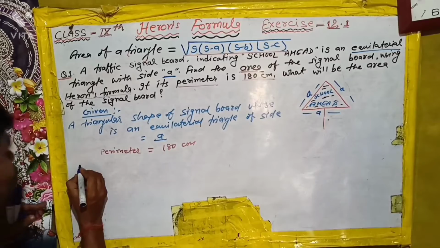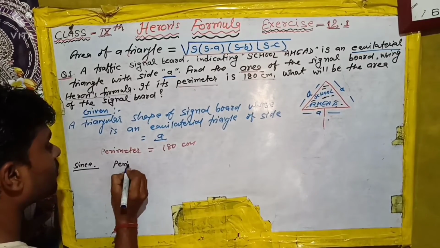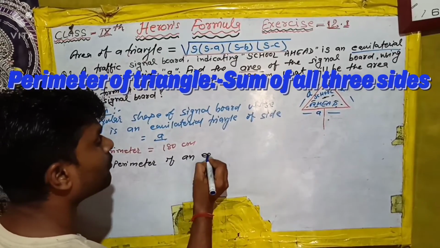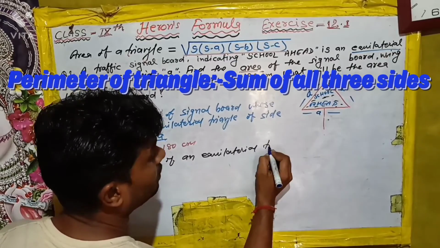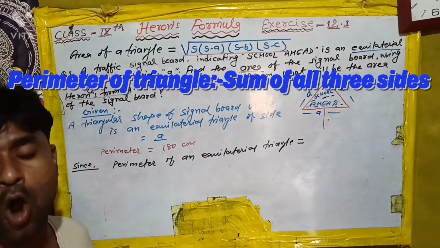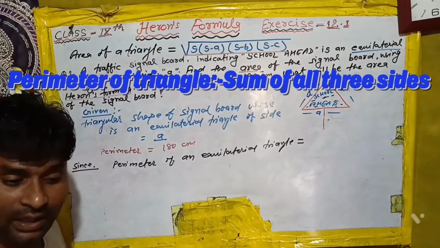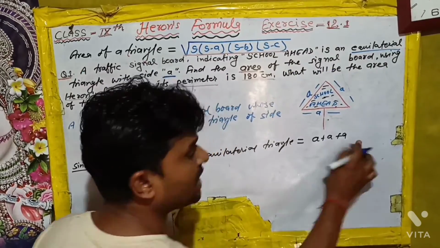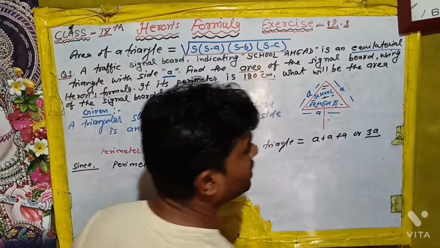Since the perimeter of a triangle is the sum of all sides, and in an equilateral triangle all three sides are equal, we can write A plus A plus A, which is 3A, that is 3 into side.